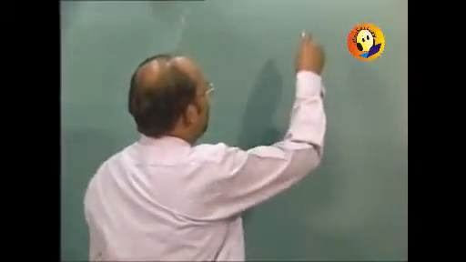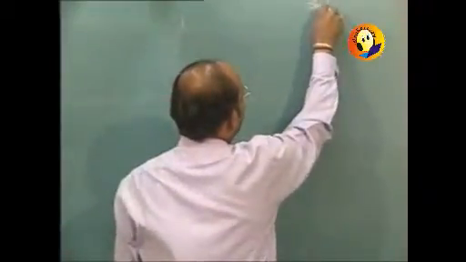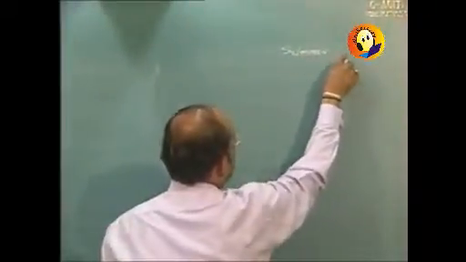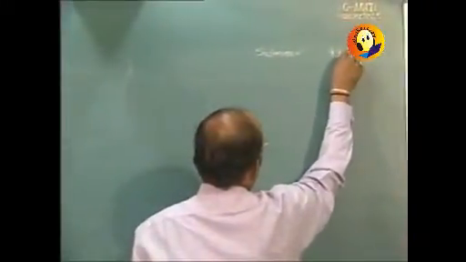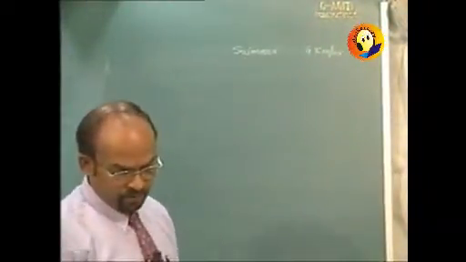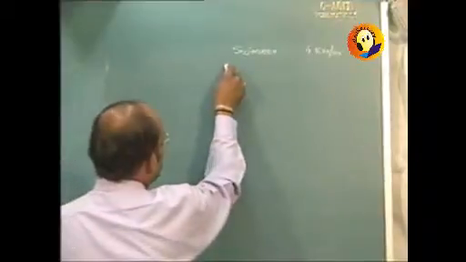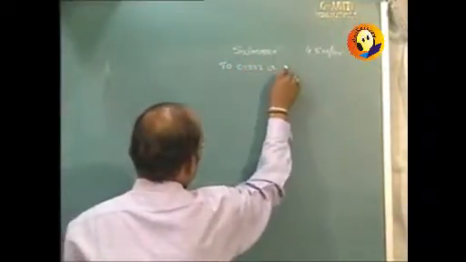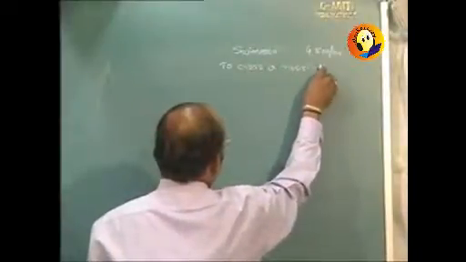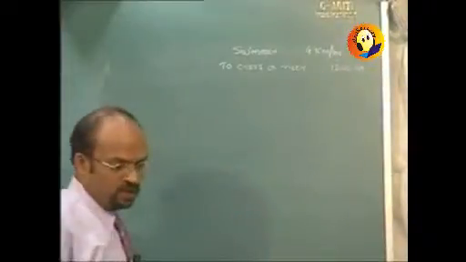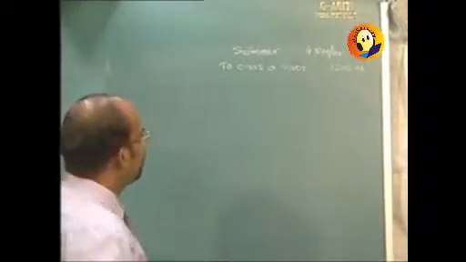A swimmer can swim at a speed of 4 kilometers per hour, and he wants to cross a river of width 1200 meters.